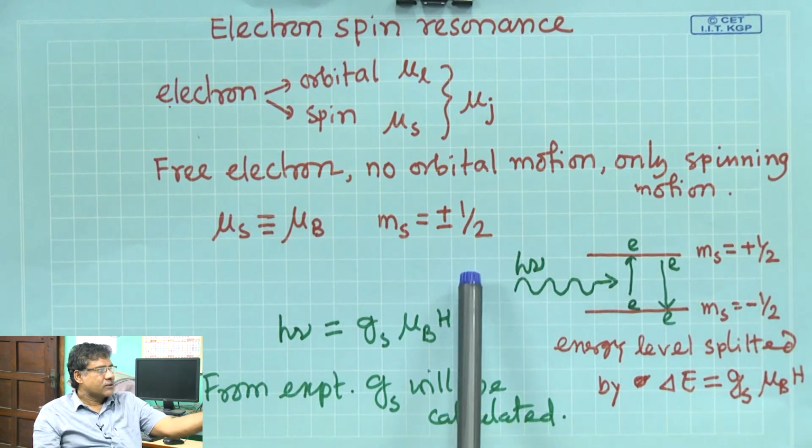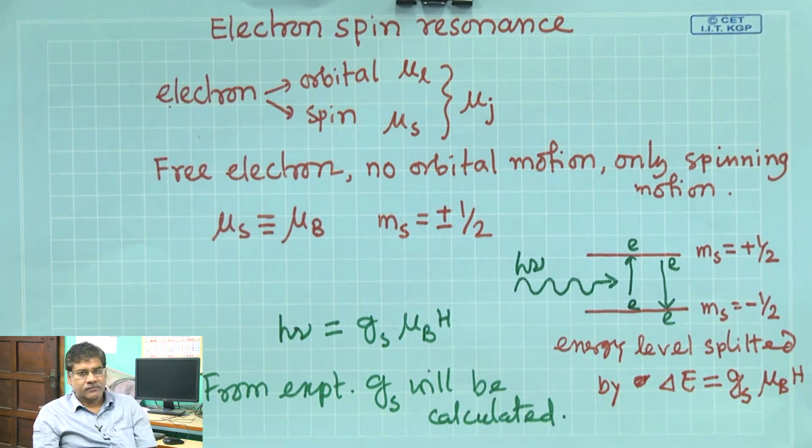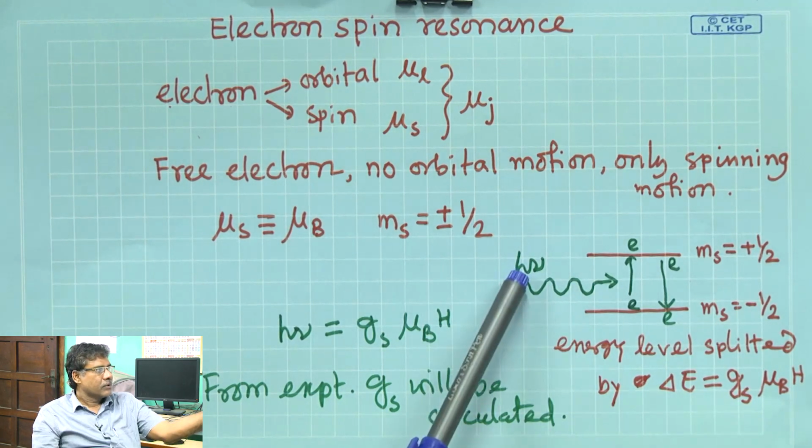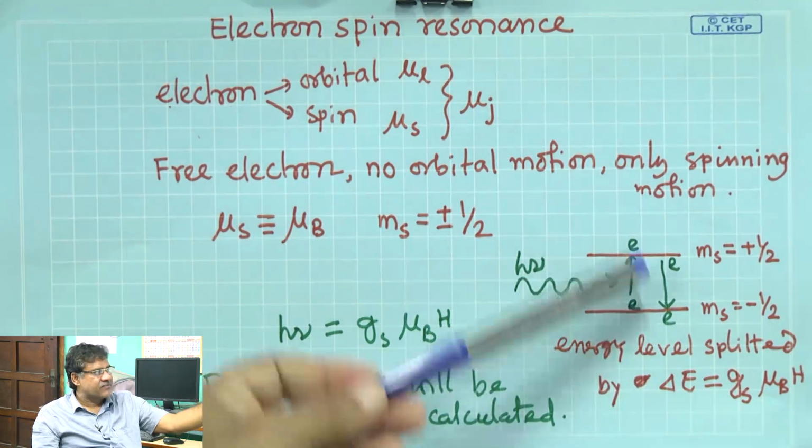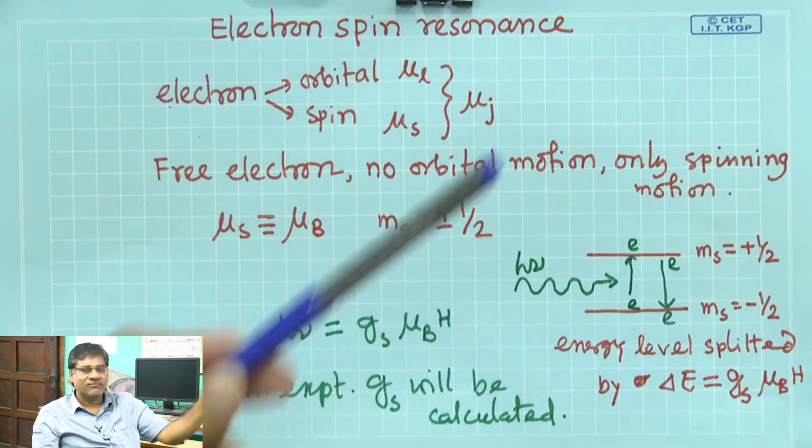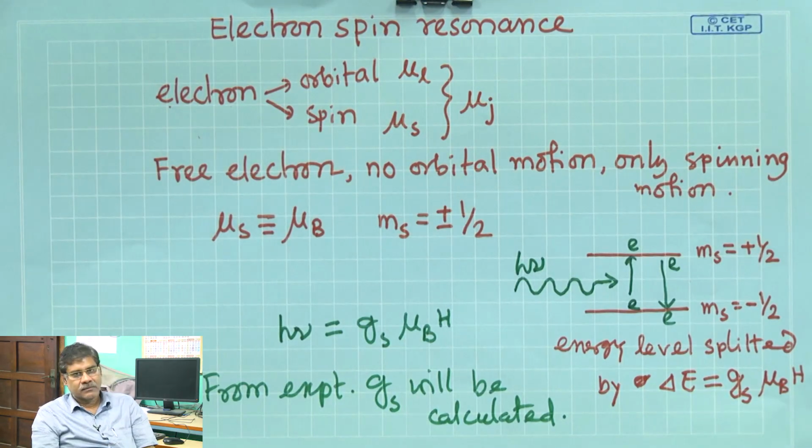Now, if you apply radiation from outside, either microwave or radio frequency radiation, and its frequency is nu, its energy will be h nu. When this energy matches this difference, electrons from the lower state go up, and after some time they come back down to the ground state.